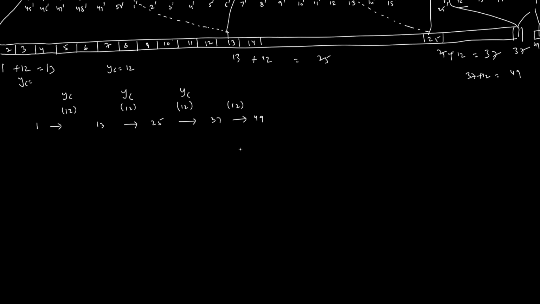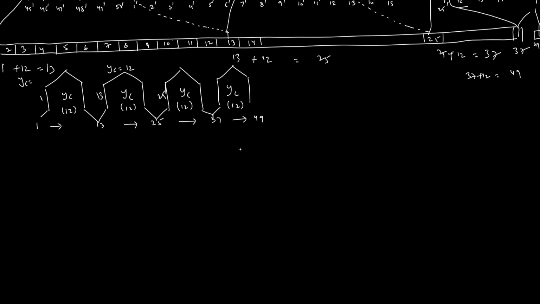So this first coil we will end at 13, and the next, 13th coil, we will end at 25, and the 25th coil we will end at 37, and the 37th coil we will end at 49.